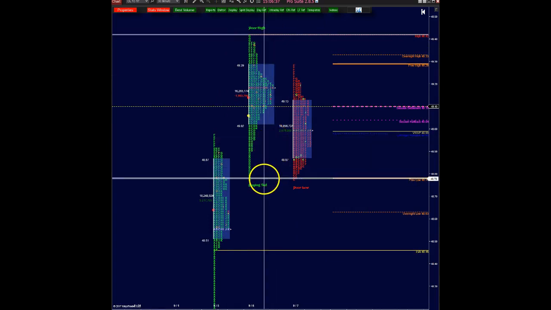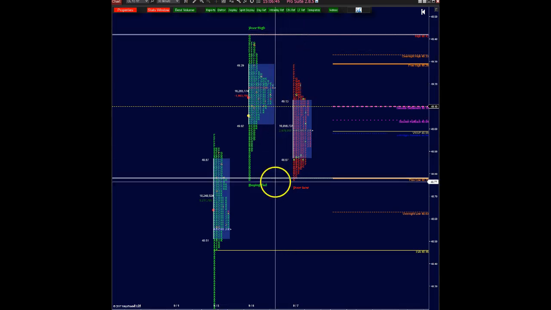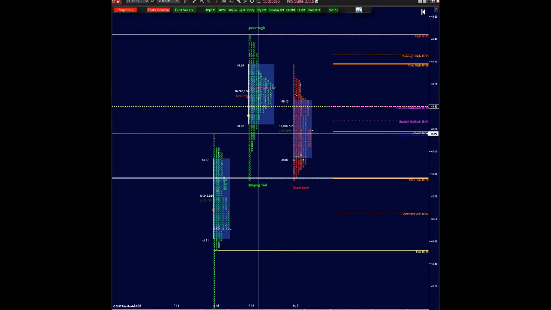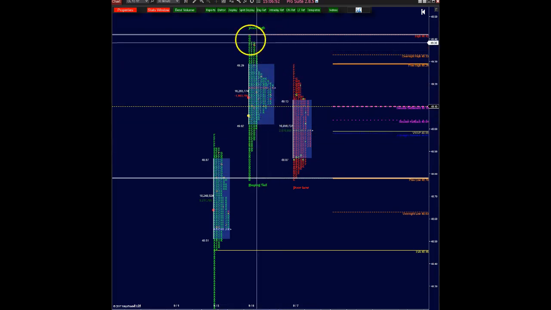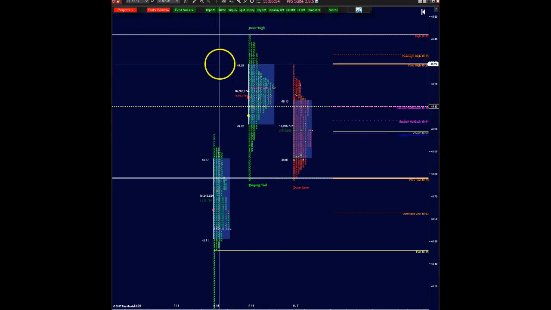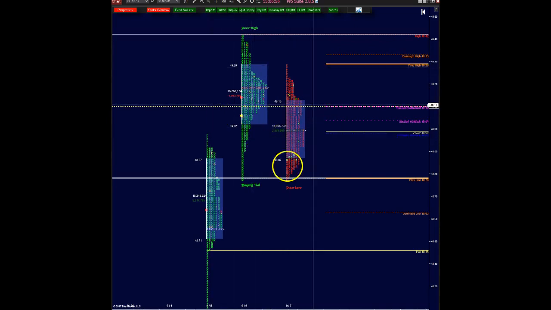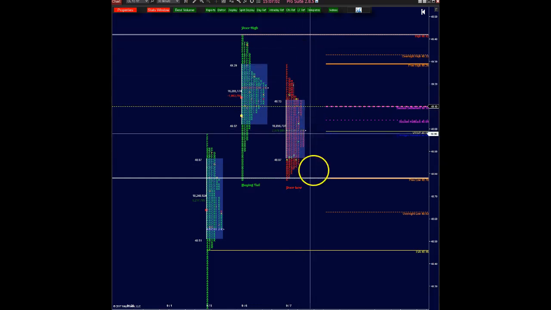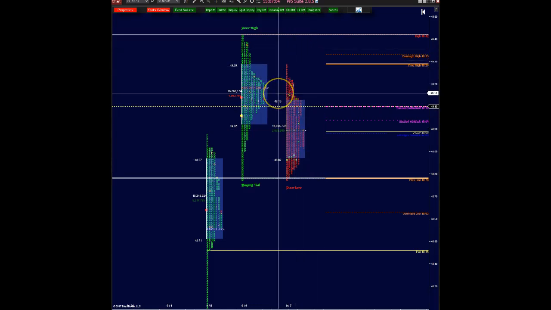Yesterday's low is still in effect, as we traded to the low today. So this low and the high, these two lines, are still good. I will probably be focusing on these levels at the open tomorrow. We're going to see where the overnight inventory is going to be at the open tomorrow, but these are the initial levels that I will be watching for tomorrow's market.